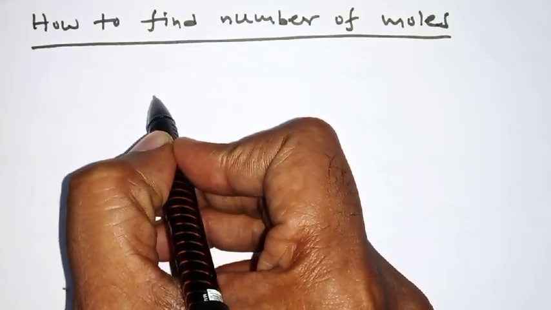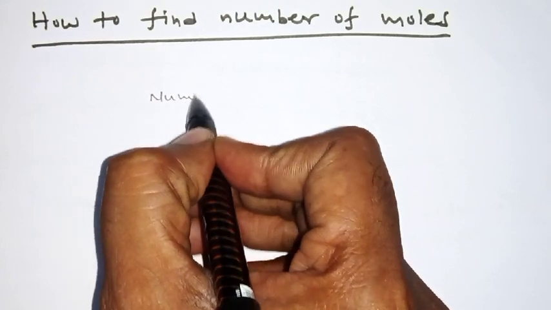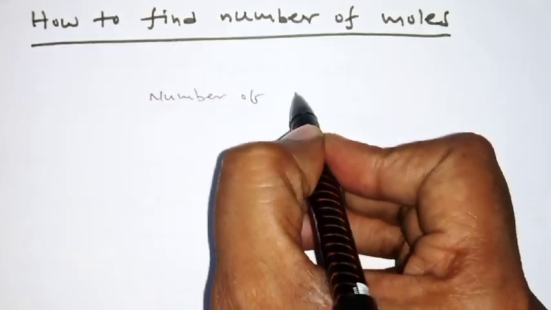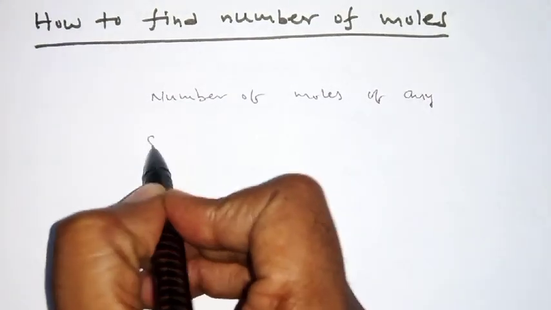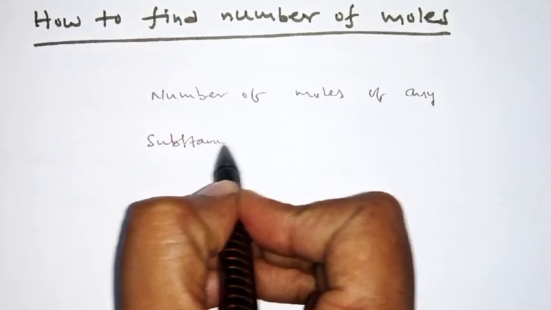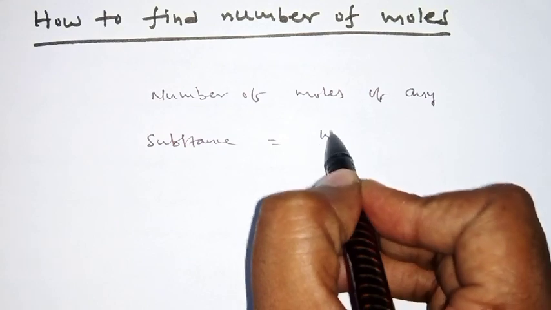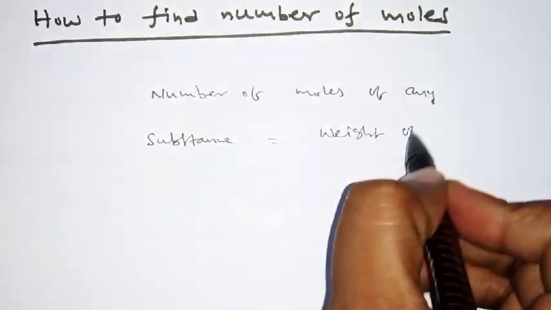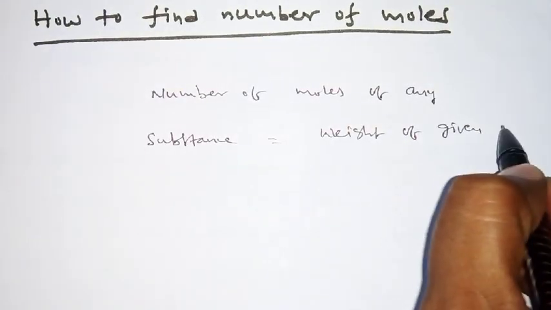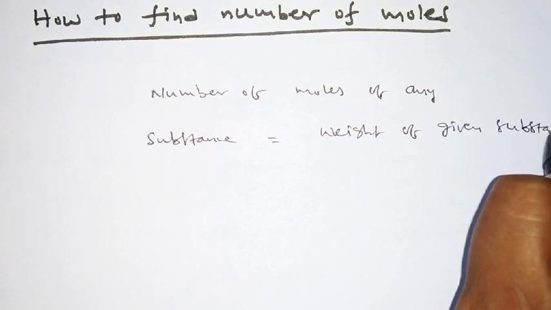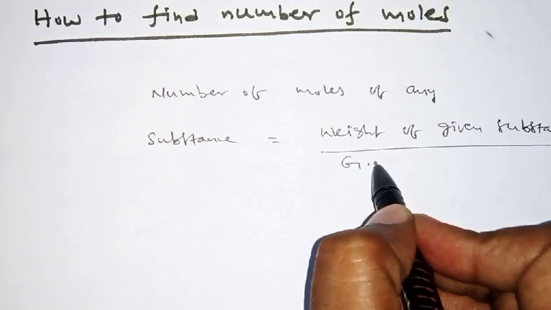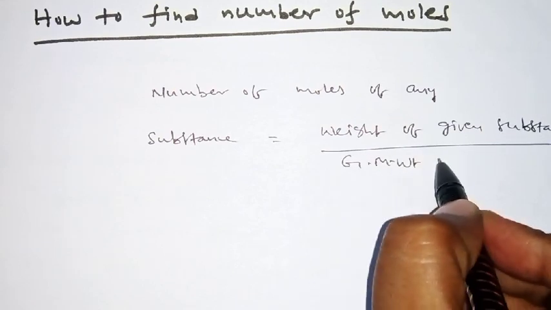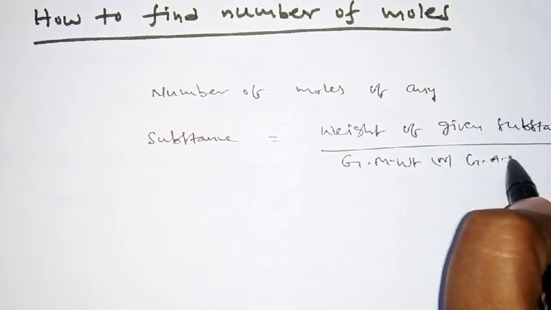Before that, how to find the number of moles? Number of moles of any substance is equal to weight of the given substance by its gram molecular weight, or if it is an atom, its gram atomic weight.